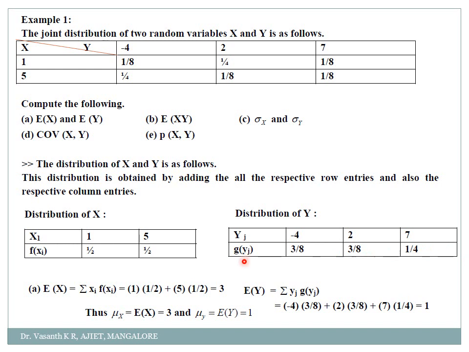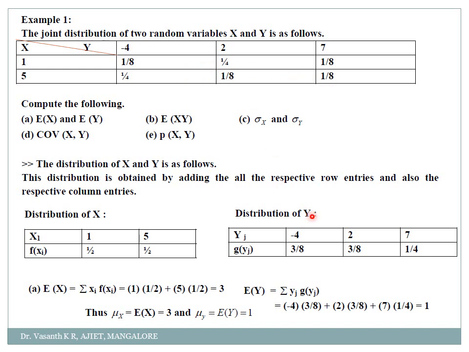Okay. So you got an idea how to write the distribution of x and distribution of y. So x means it is taking 1 and 5. So probability of 1 means you have to add all the values of that 1st row. Probability of 5 means you have to add all the values related to that row. This is 5, its row, these values.